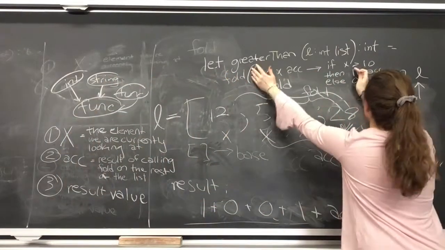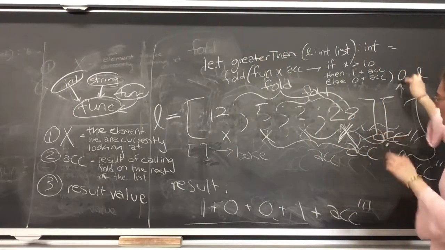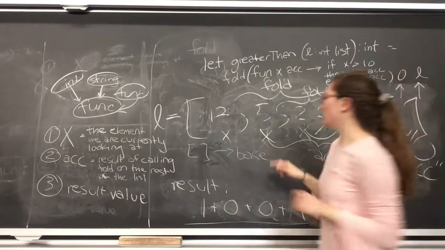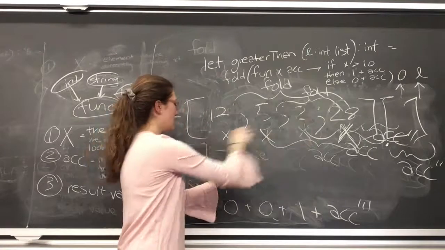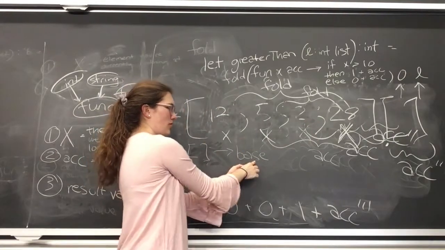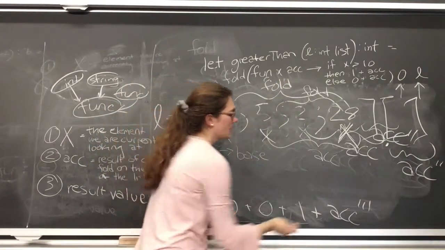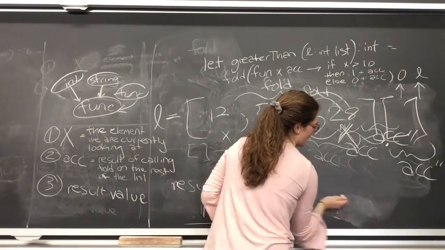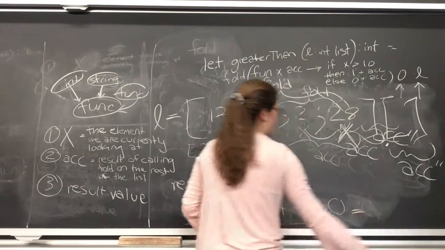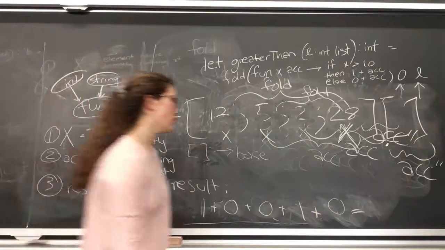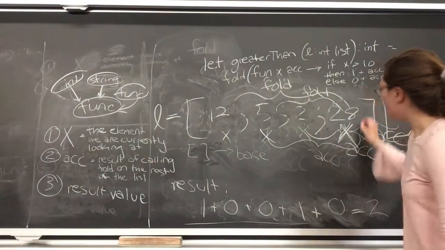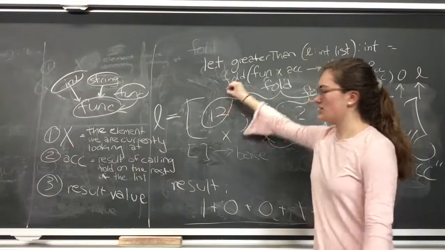Well, fold, we have our function, our base, and our list. So our base is 0. So we're going to return our base. So we have an empty list, and we're going to return our base, and our base is 0. So acc triple prime is just 0. So this results in 2, and that's correct because there are exactly 2 elements in our list that are greater than 10.